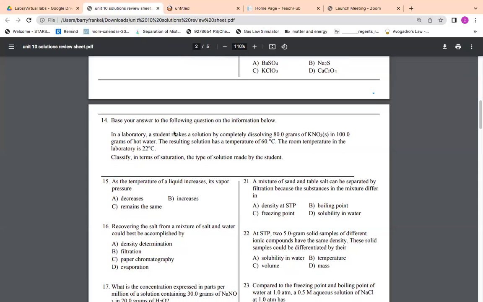Number 14. In a lab, a student makes a solution by completely dissolving 80 grams of KNO3 in 100 grams of hot water. The resulting solution has a temperature of 60 degrees Celsius. The room temperature in the laboratory is 22 degrees Celsius. That information is kind of unnecessary. Classify in terms of saturation the type of solution made by the student.